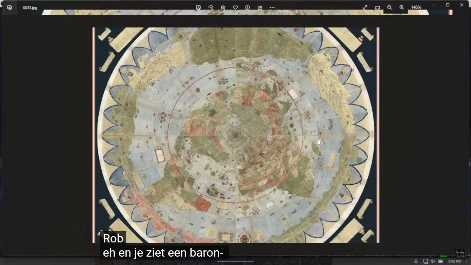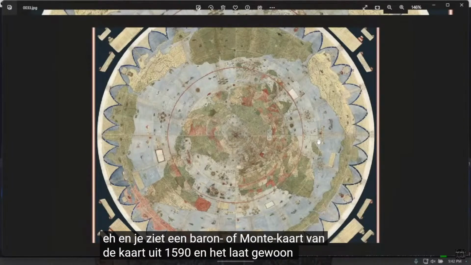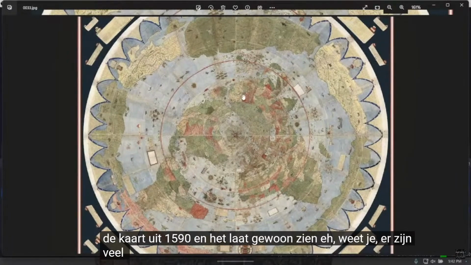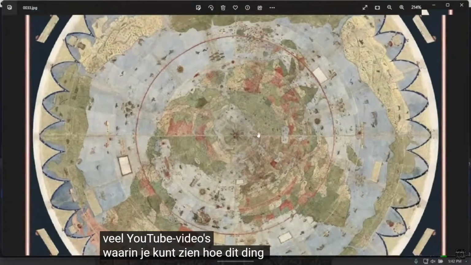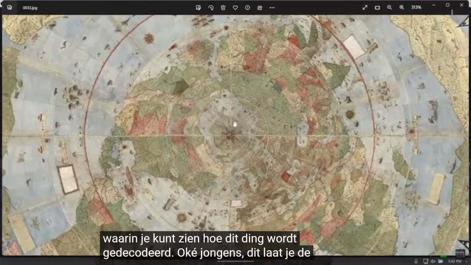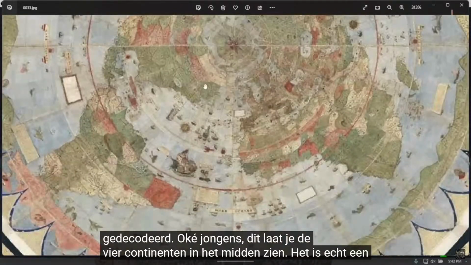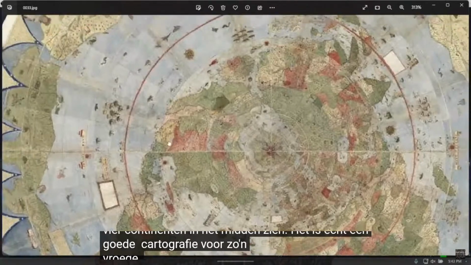It's the Urbano Monte map, the 1590s map, and there are many YouTube videos where you can see this thing being decoded, okay, guys? It shows you the four continents in the middle. It's really good cartography for such an early period.